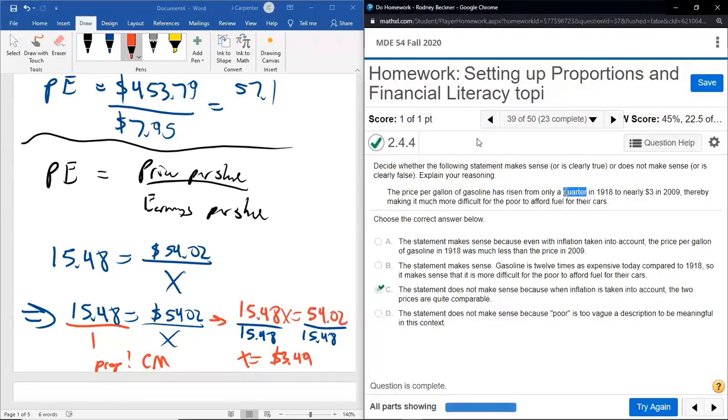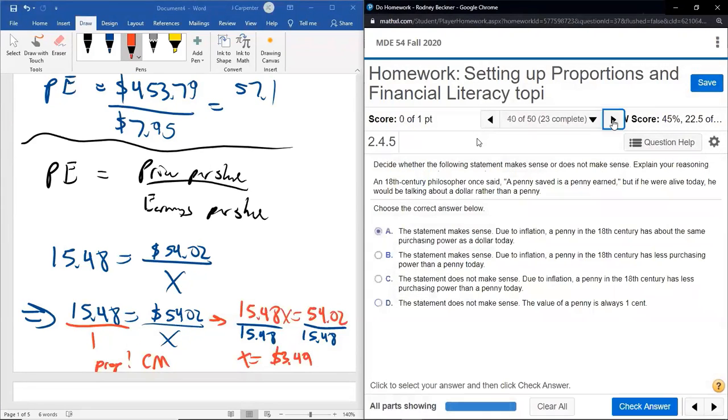So it started as a quarter, let's just call that 30 cents, and it went to $3. So over about 100 years, gas went up by about a factor of 10. If you multiplied 30 cents by 10, you'd get $3. So if we're looking at least 200 or 300 years, there would be a bigger jump than that. So a penny might have the same purchasing power as a dollar.